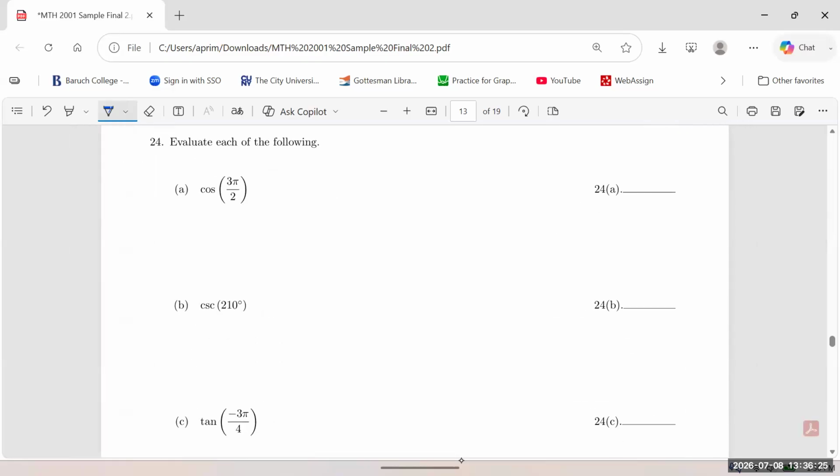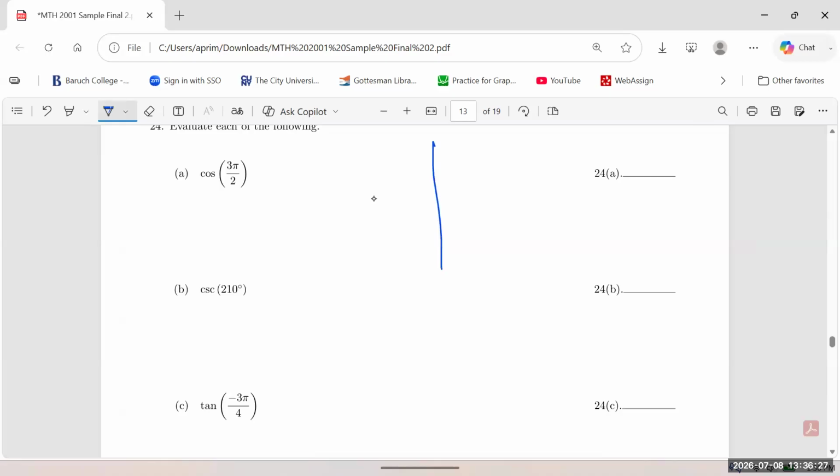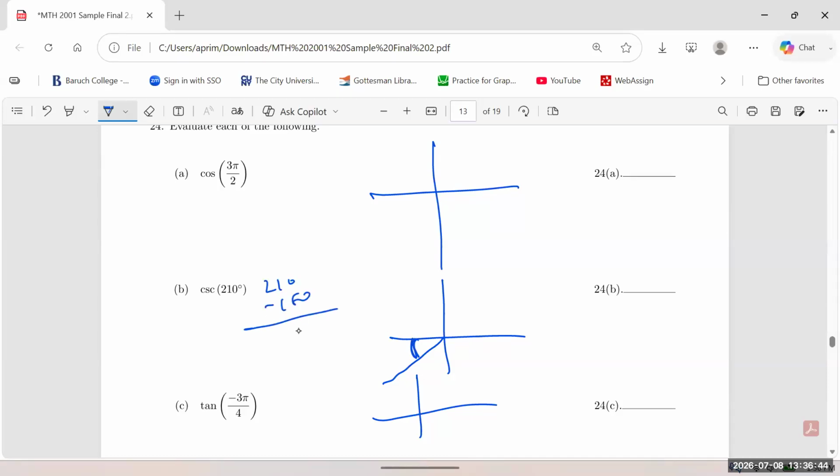And for this, make sure you draw your unit circle. For example, 210. 210 is here, right? So what is this one? Reference. 210 minus 180, 30 degree. So we have a 30, 60, 90 degree. Cosecant is what? Sine, cosine, sine. So y.